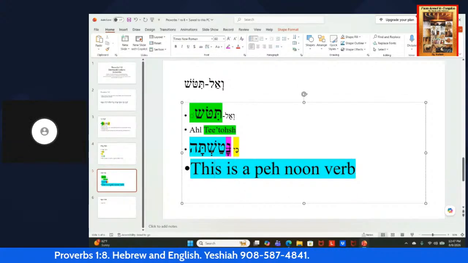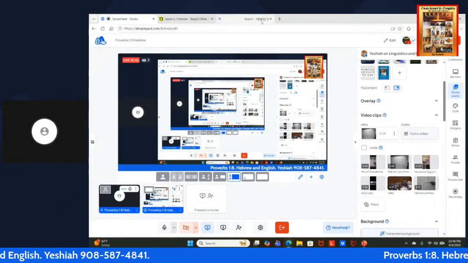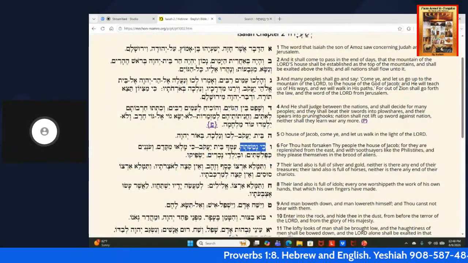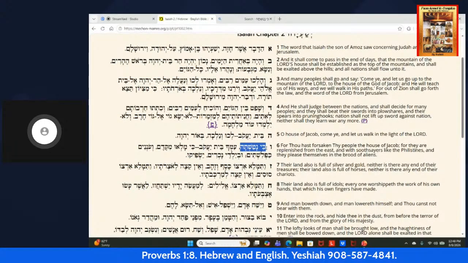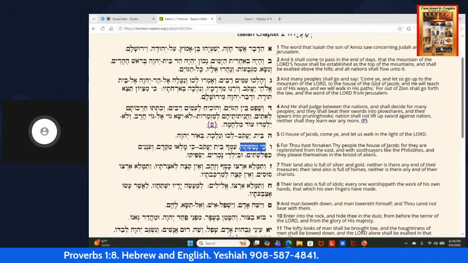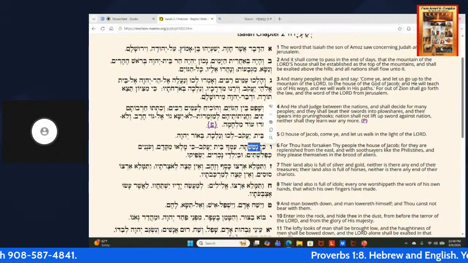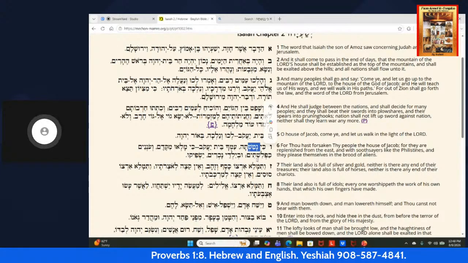Natash meaning to forsake. This is why when we read in Isaiah, chapter 2, verse 6, for you have forsaken thy people, ki, because, natashta, this noon, this tet, and this sheen, natash, means you forsook, you abandoned.